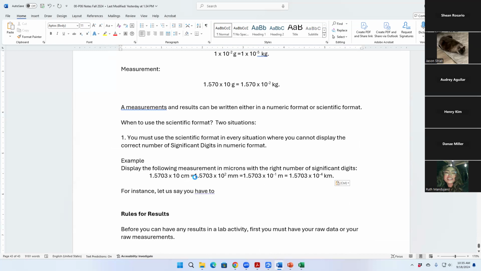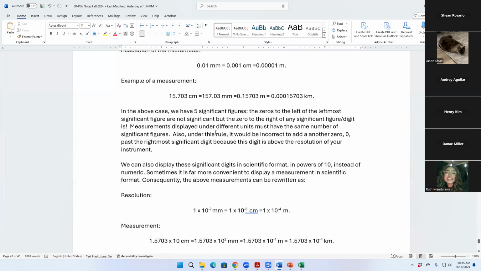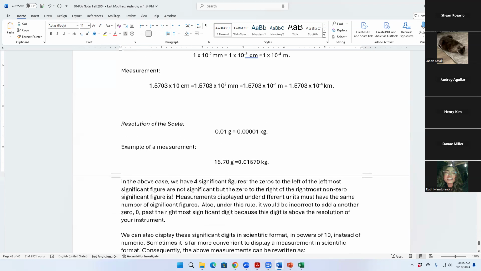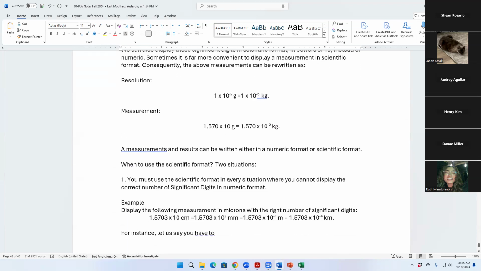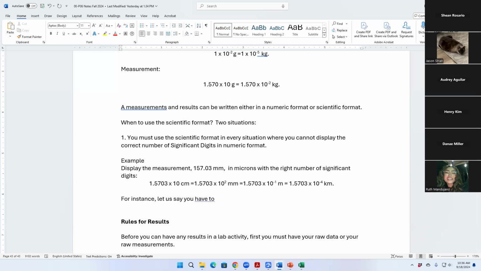Display the measurement. Okay. Not this one. I got the wrong one. Let's see. This one here. This one that I want. Example, display the measurement in microns.